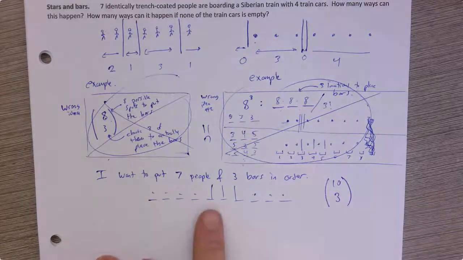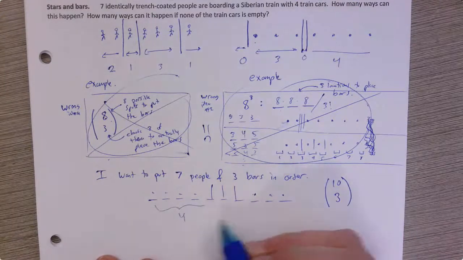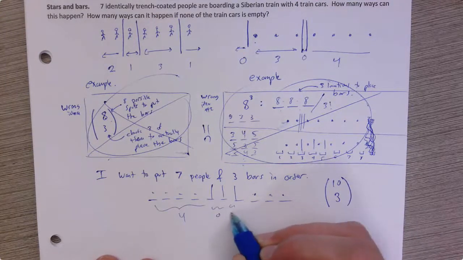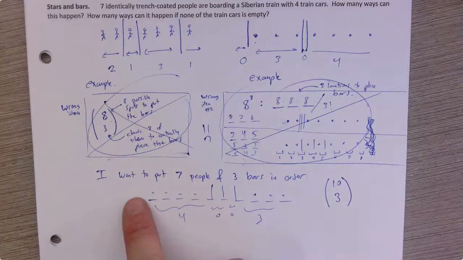That definitely corresponds to having inserted all 3 bars between 2 people. For example, in train car 1, we'd have 4 people, then 0 people, then 0 people, then 3 people. Hopefully it's intuitive, or if you pause the video and think about it, it would be clear that this does count the exact thing that we want.